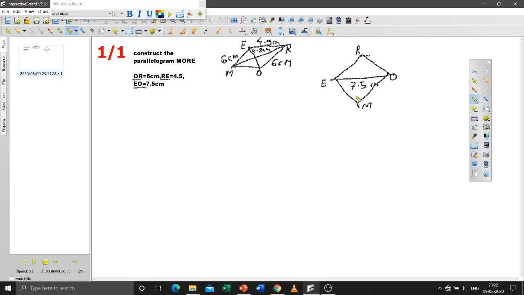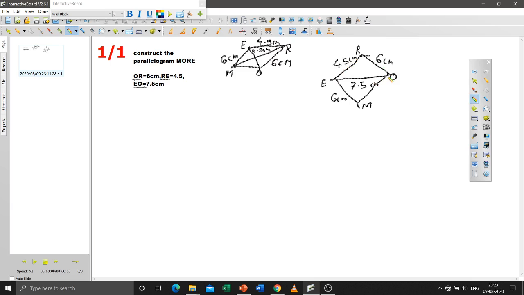In MORE, you can see here OR is 6 centimeter. That means this is also 6 centimeter. And RE is 4.5 centimeter. So now we have all the sides.